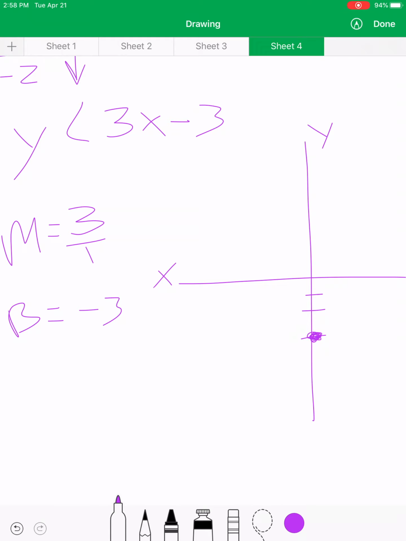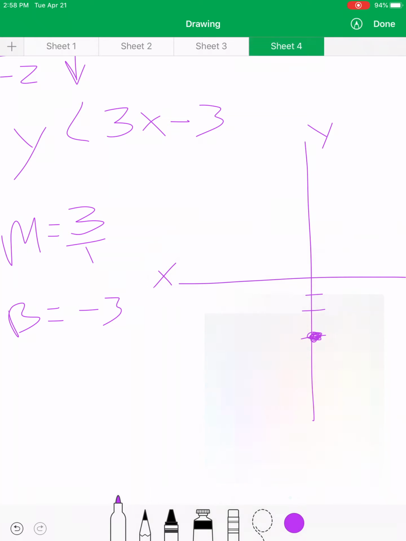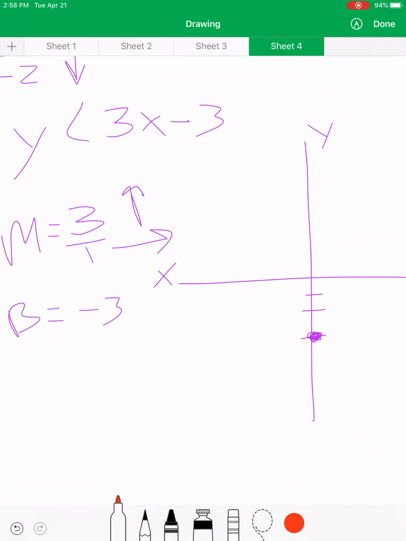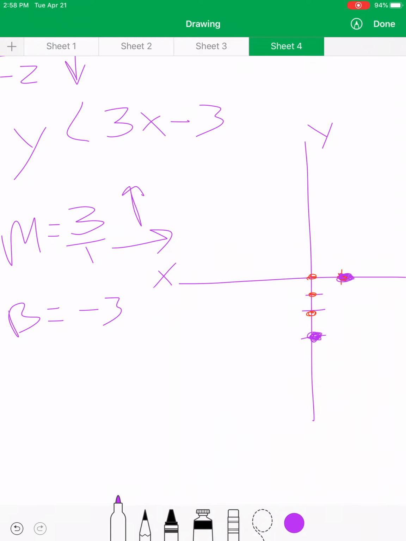And my slope tells me how to move next. All right, I'm going to move up 3 over 1. So let's change that ink. I'm going to move up 1, 2, 3 over 1. Okay, so my next point on my line is right there, up 3 over 1.